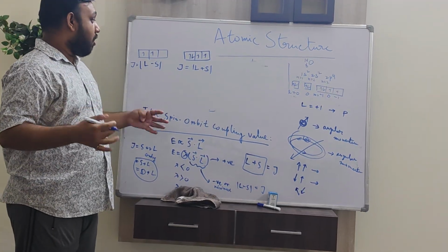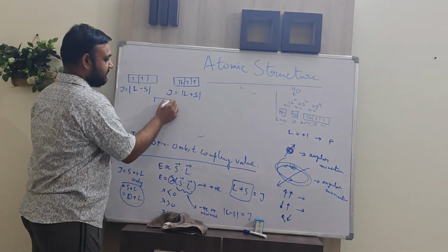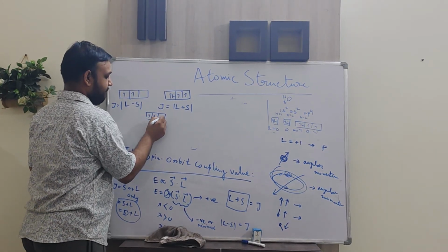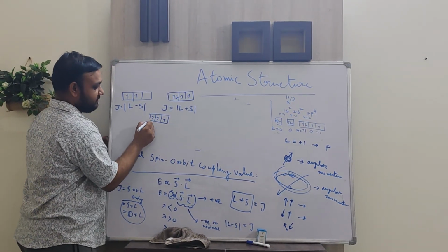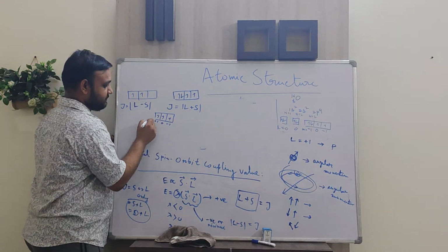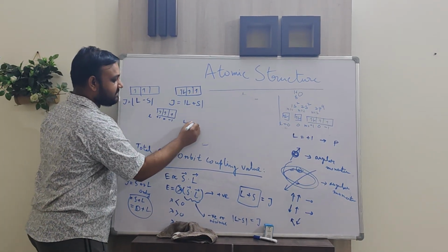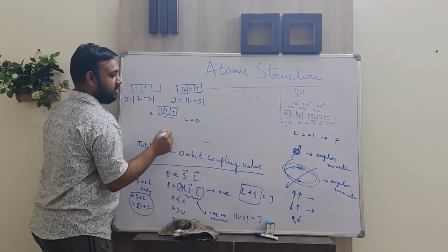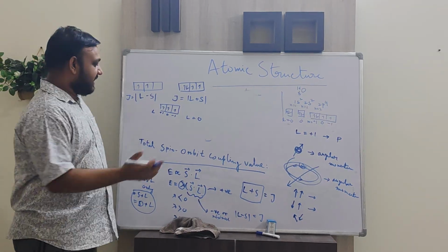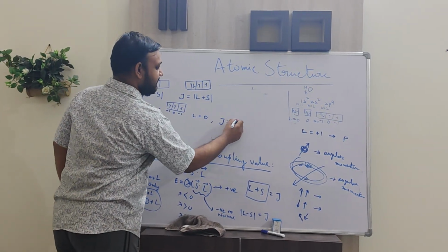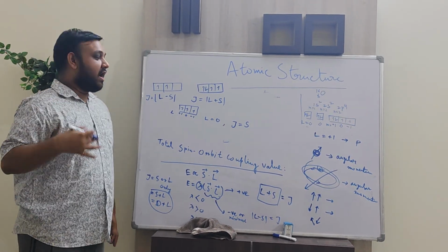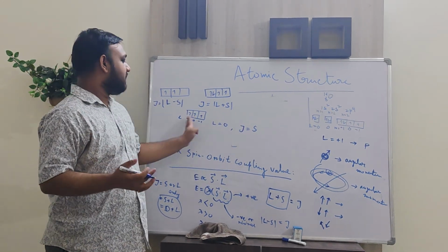Now what about the half filled situation? Like this, you can see that here plus 1, 0, minus 1, total L is plus 1 minus 1 0, which is 0. So L is already 0. L is 0 means J is nothing but S. So the half filled situation will give the spin value only.